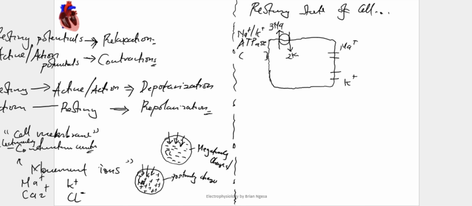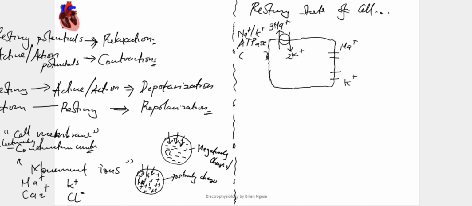So we say that in an ordinary time, when the cell is resting, or even when the cell is not resting, the active transport will always be there. So meaning that we'll be extruding sodium out and we'll be admitting potassium in. So in the process, what you are seeing is we are taking out 3 positive and we are taking in 2 positive.